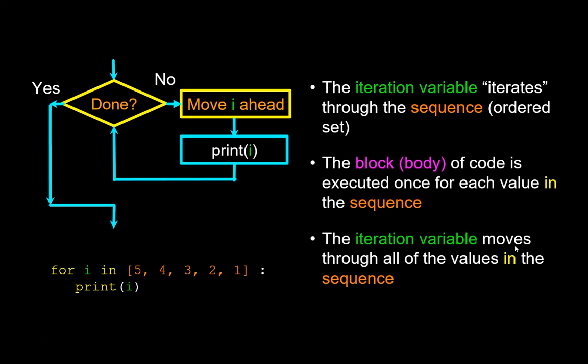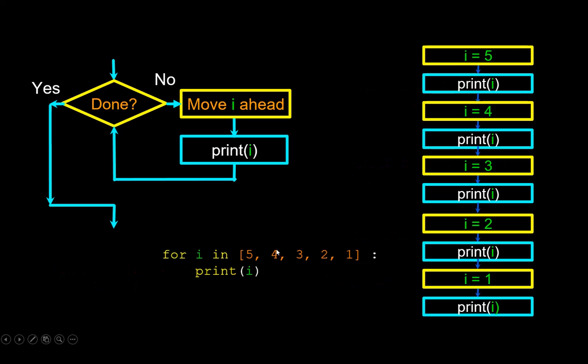So again, the iteration variable, in this case the I, will iterate through the sequence, which is an ordered set in this example. The block is whatever code is executed within the loop, and the iteration variable again moves from the very left of the sequence to the very right of it.